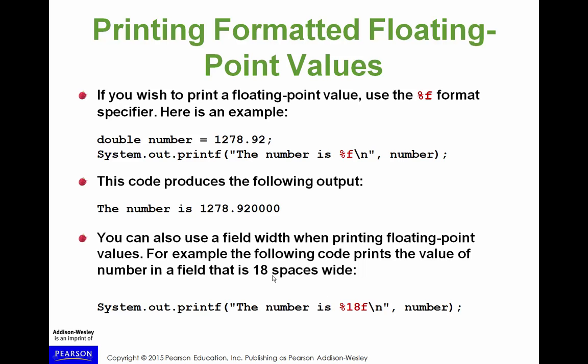And just as with the integer decimal format symbol, you can specify how many spaces will be allowed for the field that the floating point number will be printed into.